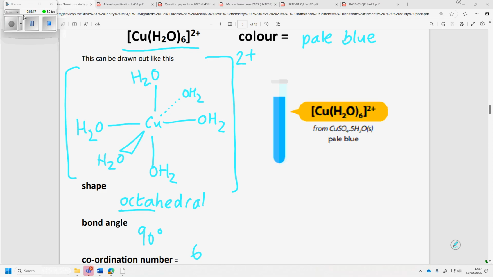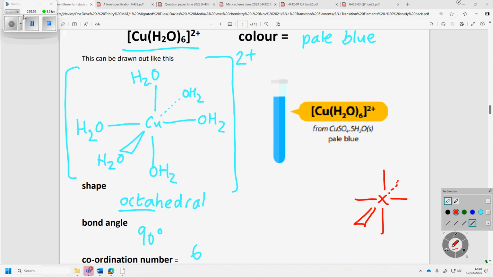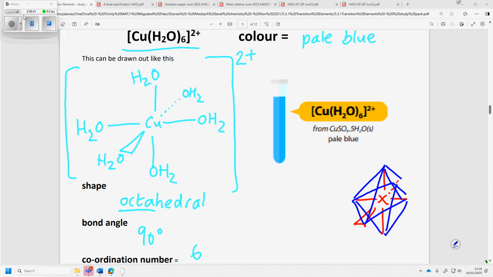Now, that can seem a little bit confusing, but it's octahedral because what I effectively have when I have my transition metal ion, I have got a square-based pyramid, and then another square-based pyramid on the bottom.